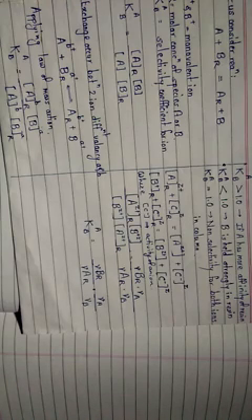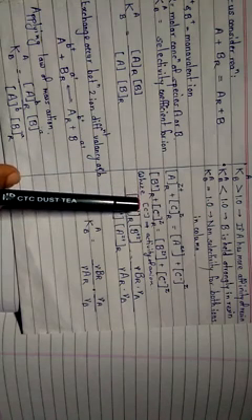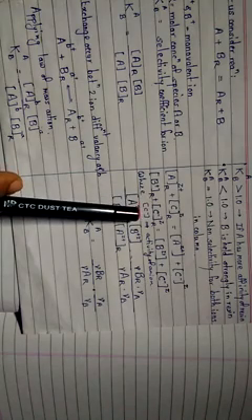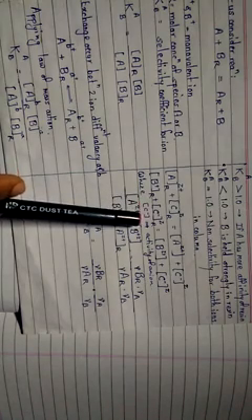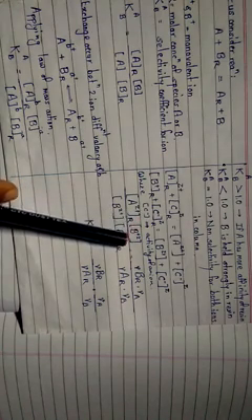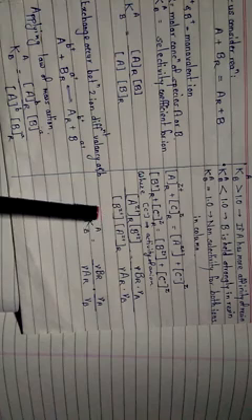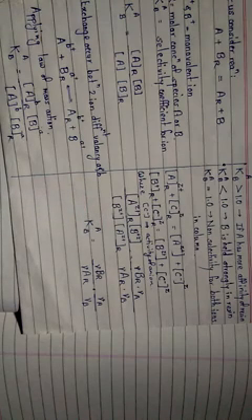Here the square bracket C minus indicates the activity of anion, and the suffix R represents the resin phase.